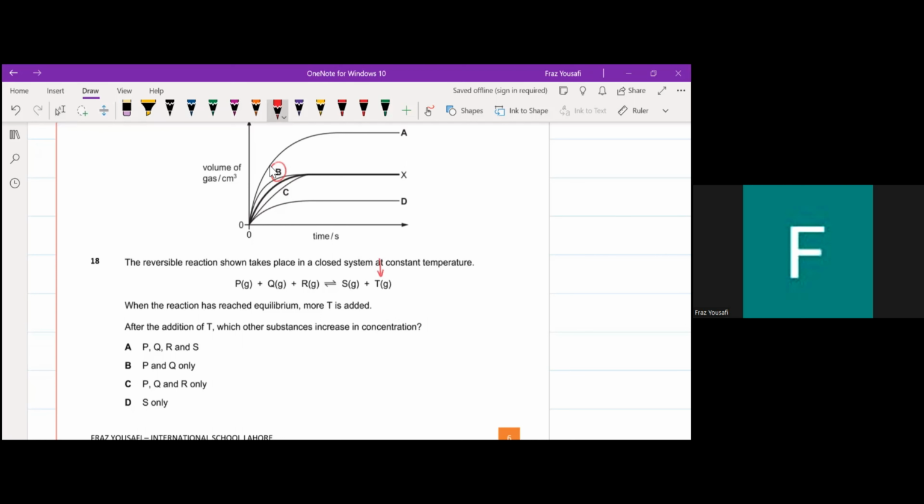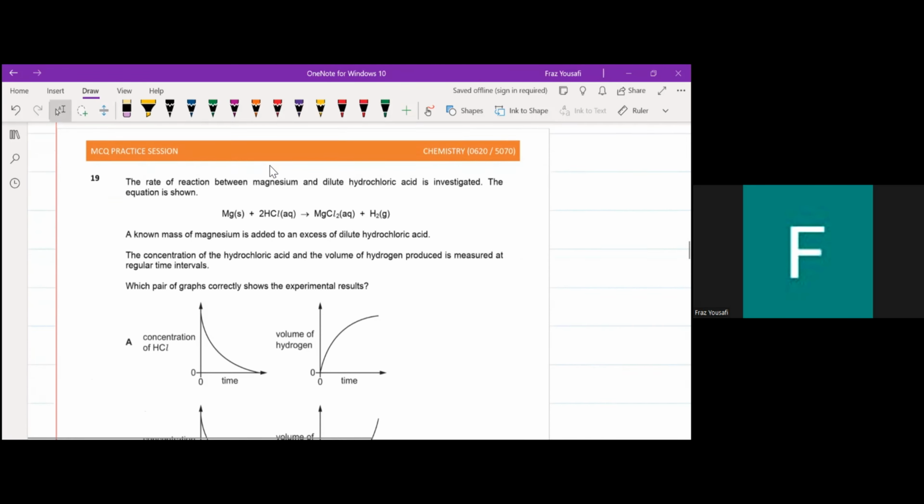The moment I add more T, this causes the equilibrium to shift more to the left-hand side. As the equilibrium shifts to the left, everything on the left-hand side will automatically start to increase. The answer is C. P, Q, and R will all increase in concentration simply by adding more T into the system.